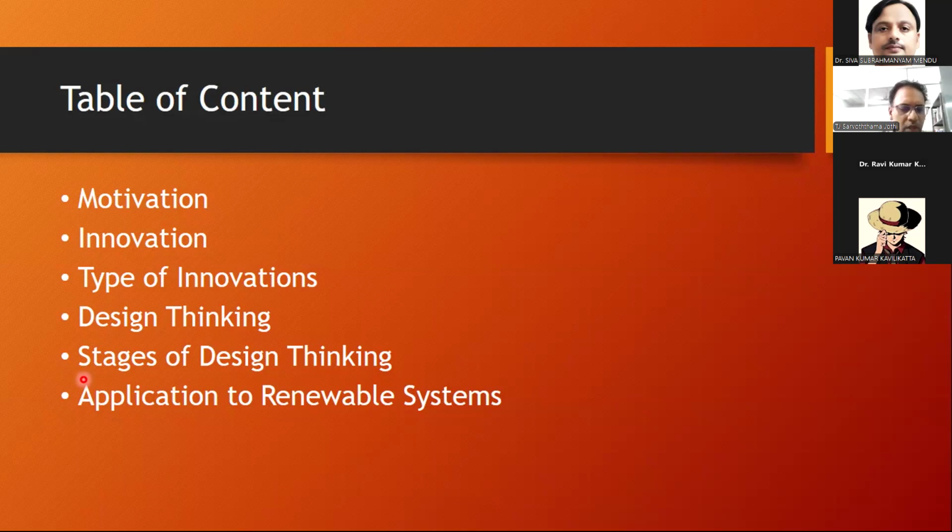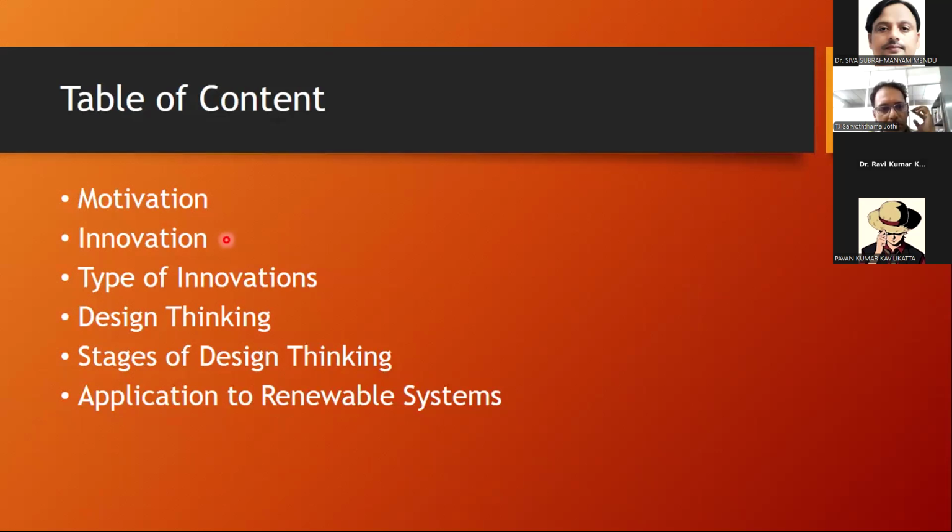We have to follow a certain procedure or stages if we want to become successful in the market. So I thought I will deliver the talk with this table of contents: the motivation, innovation, the types of innovation, the design thinking and stages of design thinking, and how it can be applicable to renewable energy systems.